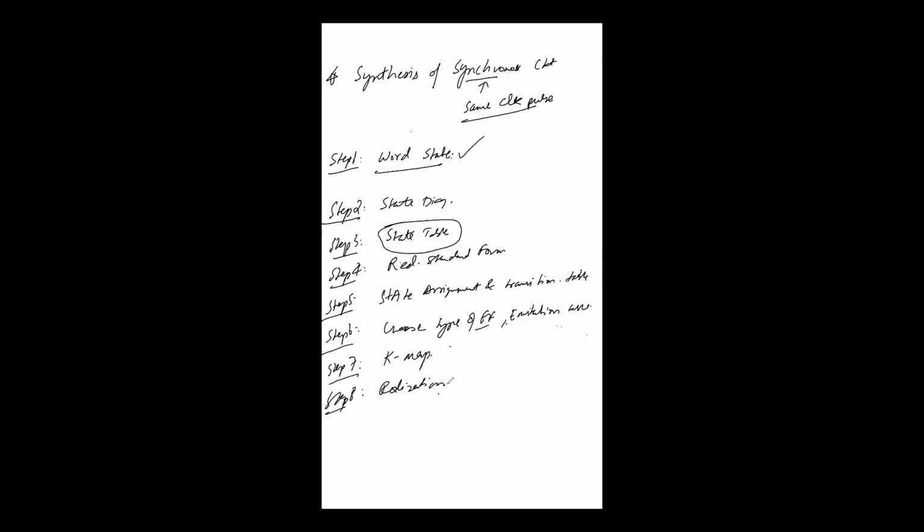So what I will do is I will take one problem. Let us say the problem statement that you have been given is that you have to realize a serial binary adder.